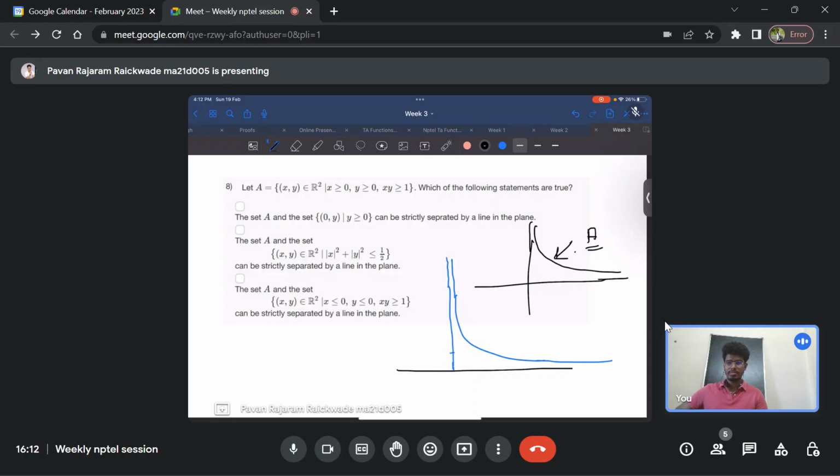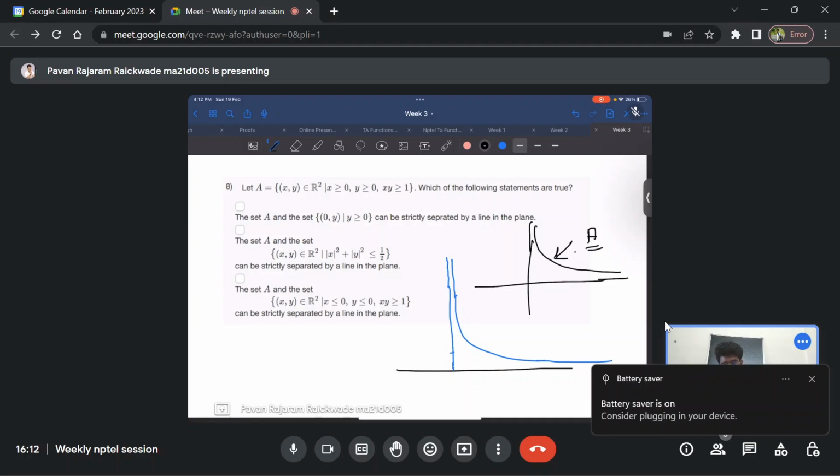Are those conditions met here? Actually, here no one is open. Both the curves are non-open.